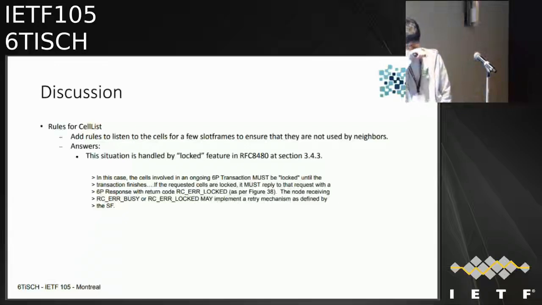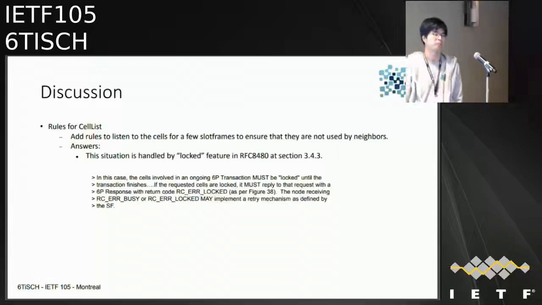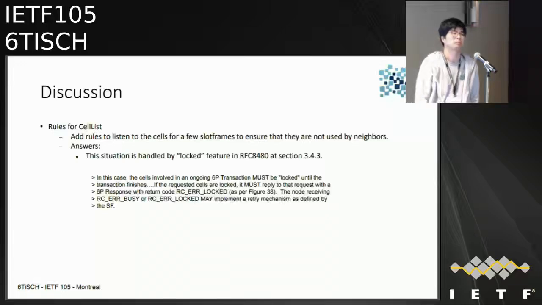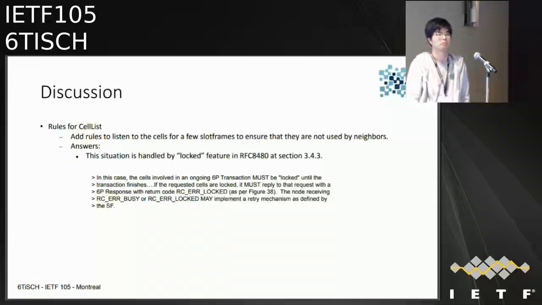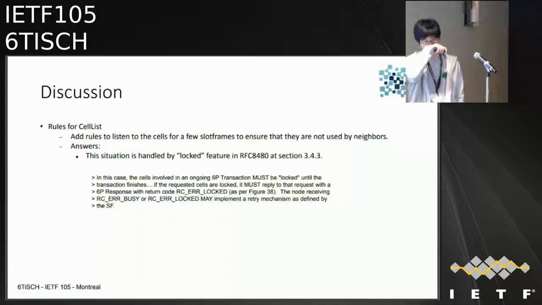Now, if you build a very large mesh, and we do build very large meshes, like thousands of nodes, and they are all synchronized, then there is a good chance that somebody in your interference domain may be doing MSF as you're doing it, and will pick a cell randomly as you do, and you would pick the same.